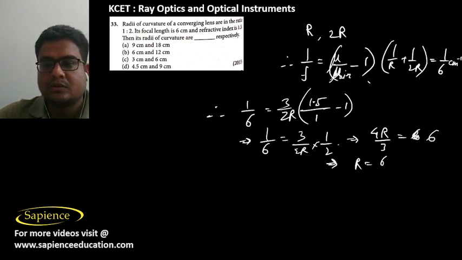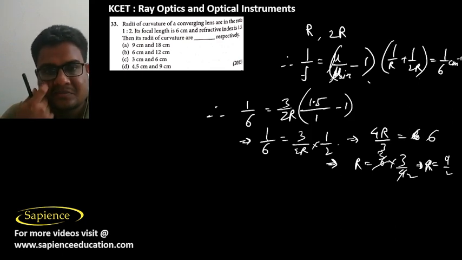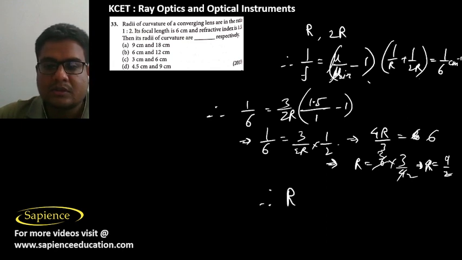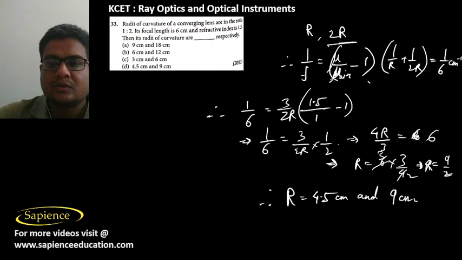So R is equal to 6 into 3 by 4. So R is equal to 9 by 2. So therefore, the radii of curvature are, one is 4.5 centimeter and the other is 9 centimeter, which is 2R. 2R is 9. So option D is the correct answer.